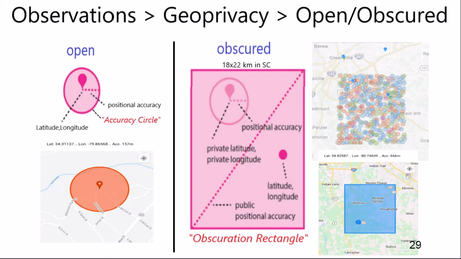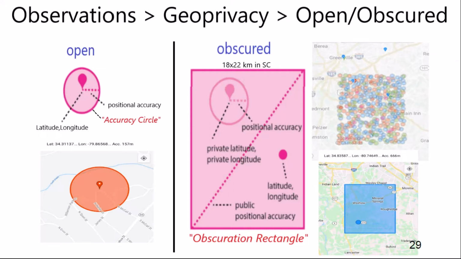When you look at an open one, you get a position, latitude, longitude, and an accuracy circle. If you look at the observation, you'll see it's just a little push pin with the circle. Now the obscured ones, they call this rectangle, which you will never see except when you actually pull up an observation, an obscuration rectangle.